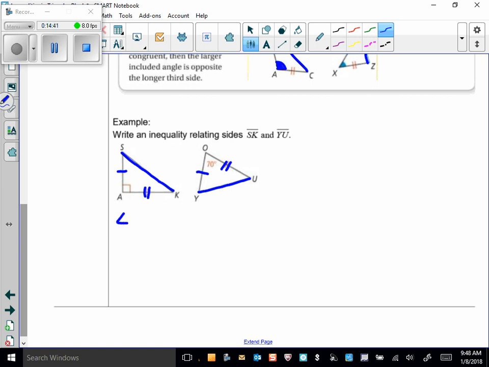The measure of angle A is greater than the measure of angle O. Therefore, by the Hinge theorem, SK has to be longer than YU. That's it. Not too bad.